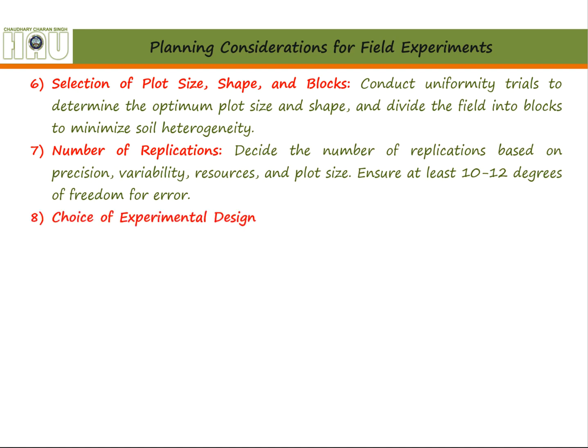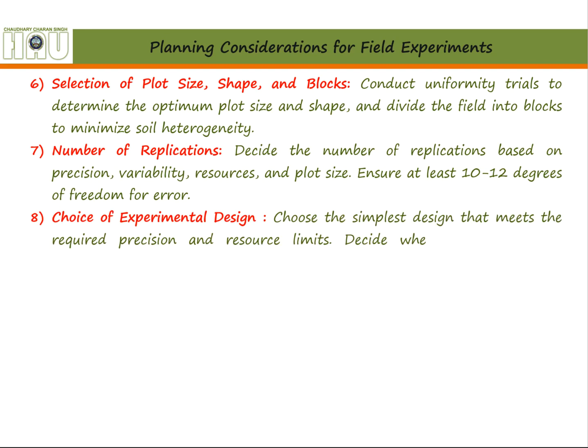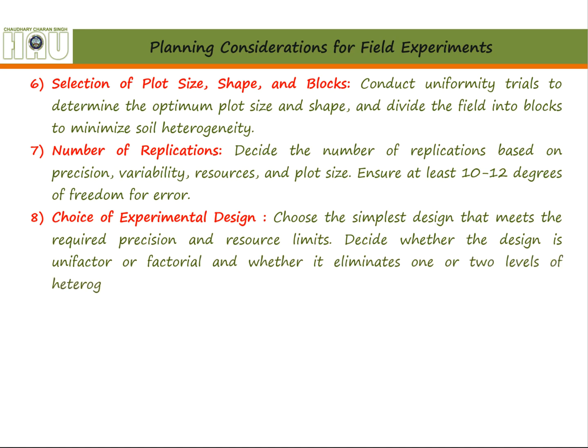Then eighth is choice of experimental design. It is very important. So choose the simplest design that meets the requirement, precision, and your resource limit. Decide whether the design is unifactor or factorial, and whether it eliminates one or two levels of heterogeneity.